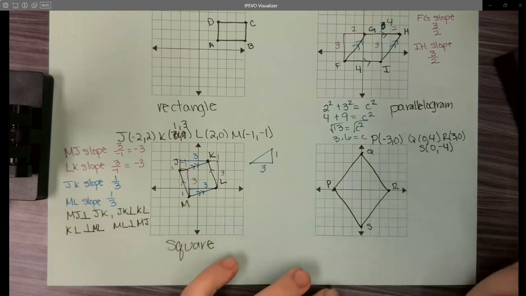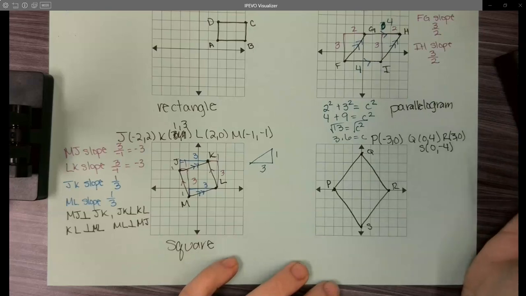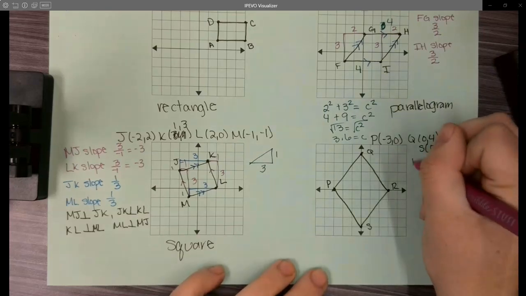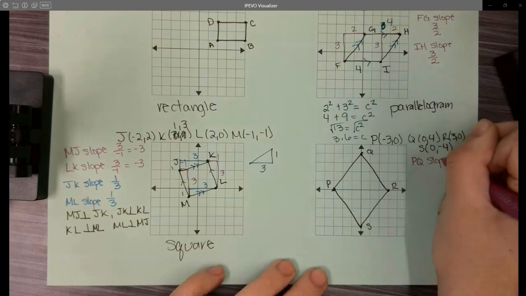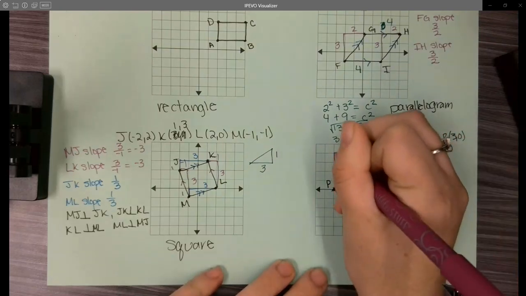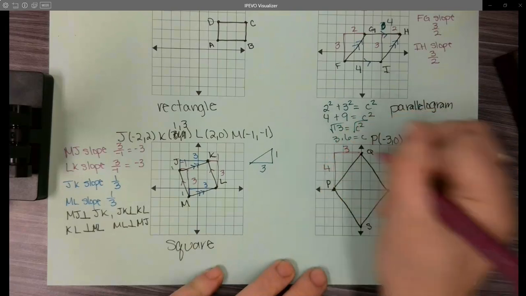Okay, so now that I have this, I want to find my slopes and see if they're opposite slopes and see if they're parallel. I am going to start with PQ. So this one I am going up 4 over 3.